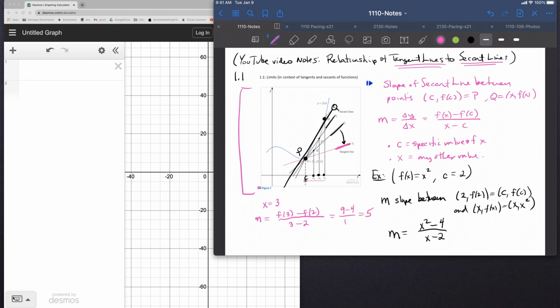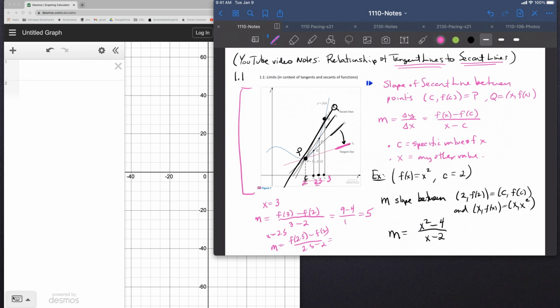And if x was equal to 2.5, so we're going from 3 and getting closer to 2, the slope of the secant line would be the function at 2.5 minus the function at 2 over 2.5 minus 2.